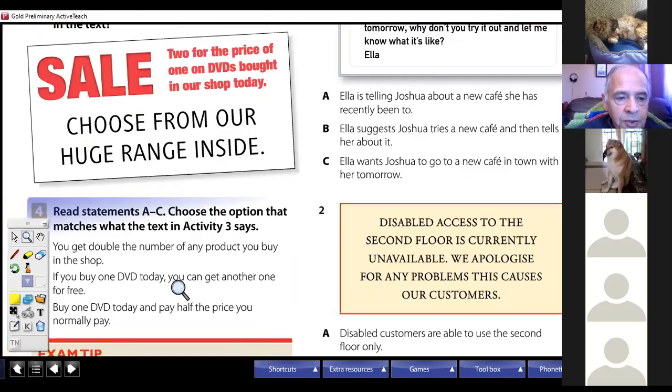So these are the questions that you have in there. Read statements A and C. Choose the option that matches what the text in activity 3 says. You get double the number of any product you buy in the shop. If you buy 1 DVD today, you can get another one for free. Or buy 1 DVD today and pay half the price you normally pay. Which is the one that represents this sign?